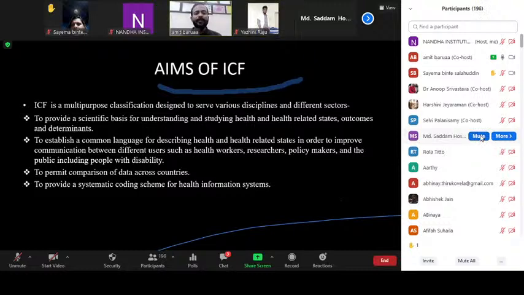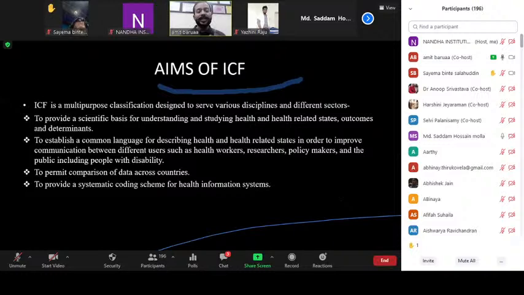So the aim of ICF: it is designed for various disciplines, for all health professionals. It's for everyone, because it can be used for comparison, for prognosis, and for explanation to the policymaker, to individual families, and to the person with a disability, for any disability act and insurance.